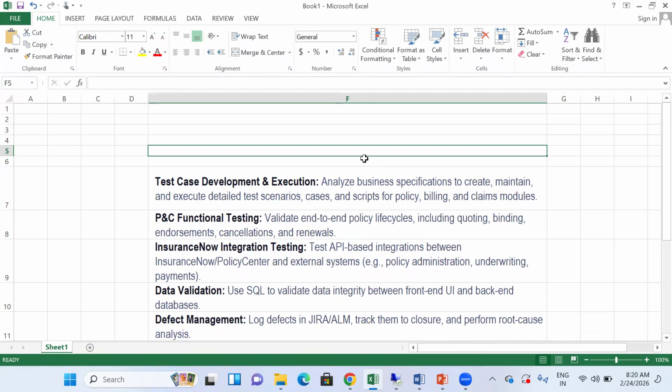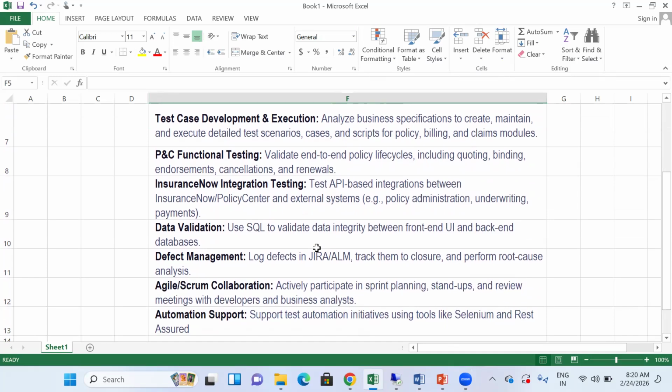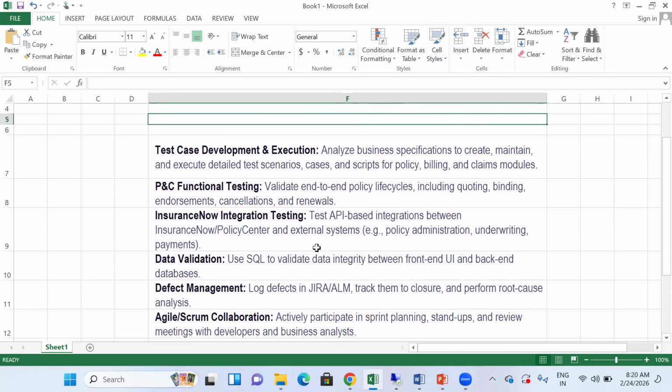The first is test case development and execution. This is one of the key responsibilities being a Guidewire tester we must be good with. Second, PNC functional testing, which is even more important, including integration testing, data validations, and defect management. Then collaboration and automation support. These are the key responsibilities.